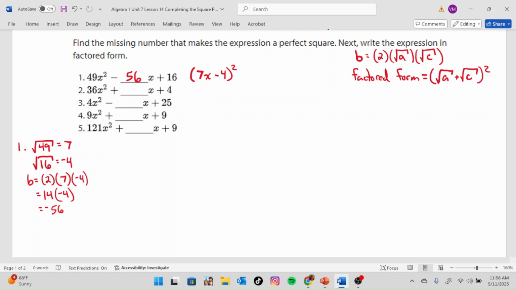So negative 28x minus 28x is minus 56x. And negative 4 times negative 4 is 16. So these are the answers to number 1. The b term is 56, and the factored form is 7x minus 4, squared.